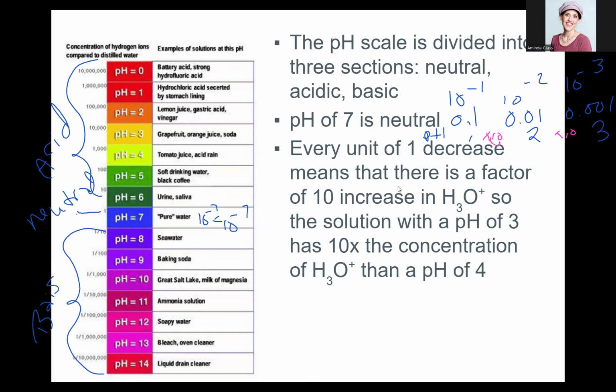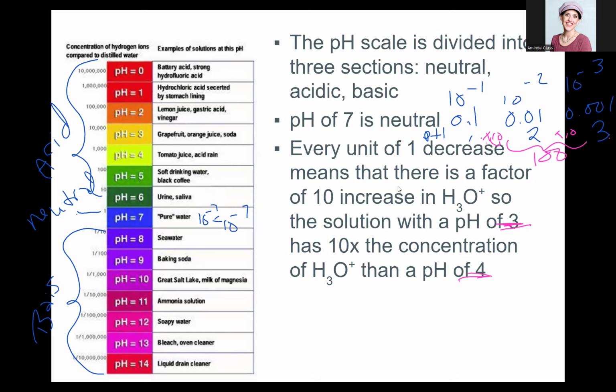So 10 times 10, it's a factor of 100 difference between a 3 and a 1. So if we're looking at a pH of 3 versus a pH of 4, a pH of 3 has 10 times the concentration of hydronium ions than a pH of 4 does.